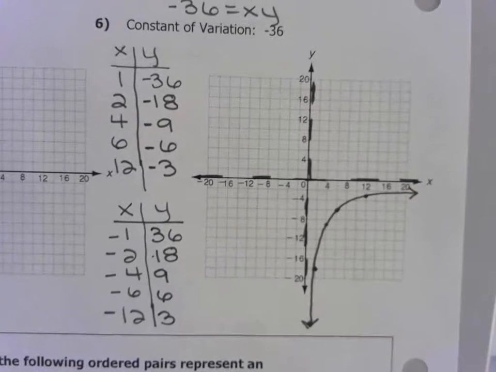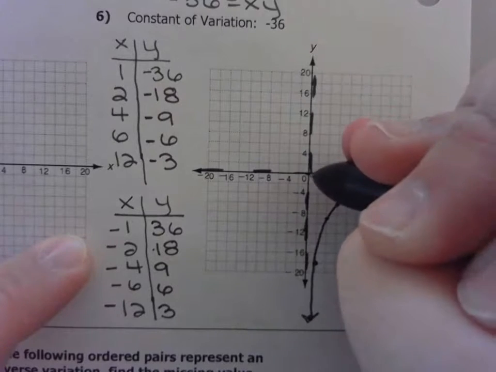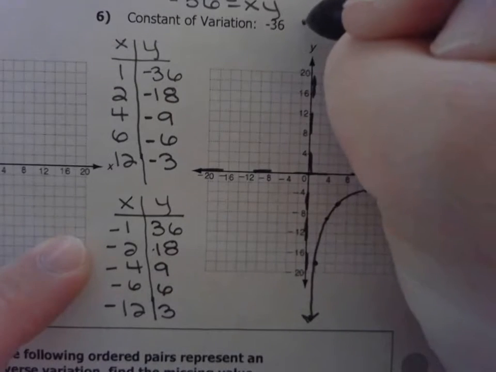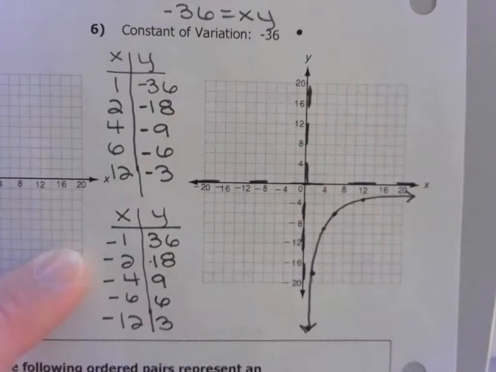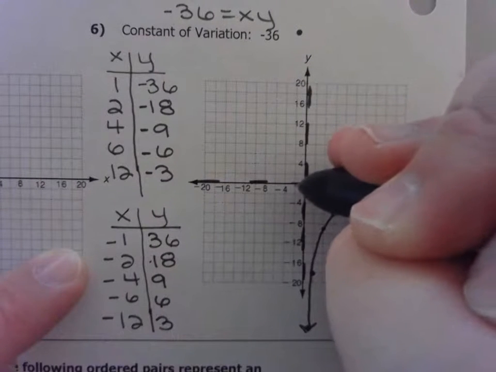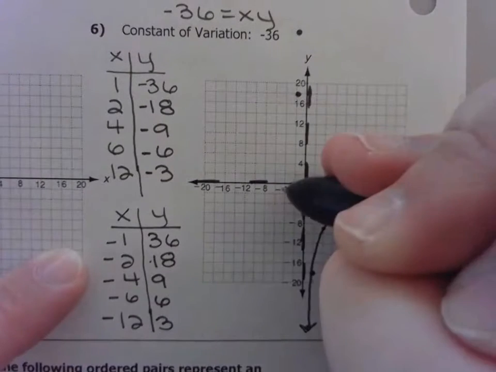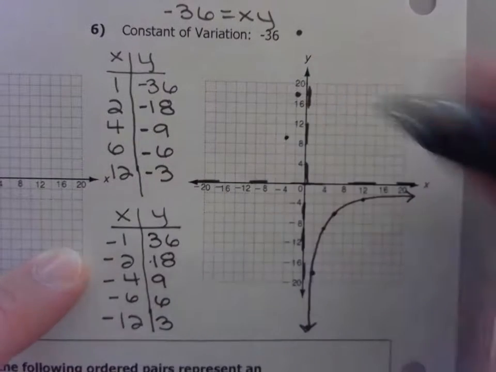I want to make sure I catch questions. Okay, graph these ordered pairs. Negative 1, 36. So left 1, up 36. Just estimate where it'll be. If it goes off, just estimate it. Negative 2, 18. So halfway between 16 and 20. Negative 4, 9. So a little bit past 8.